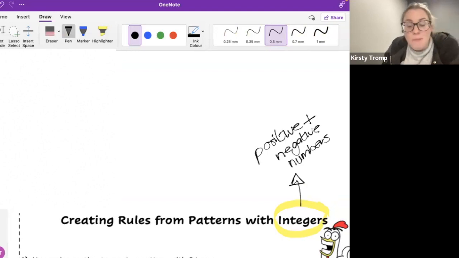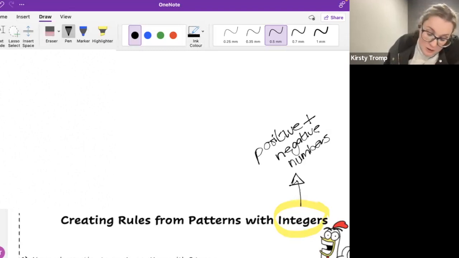A lot of us just think that integers are negative numbers. Remember that integers are also positive and negative numbers. So when we see integers, we start thinking they must be negative. No, they're not. They're positive and negative numbers.